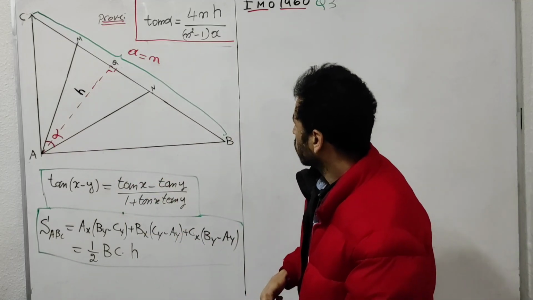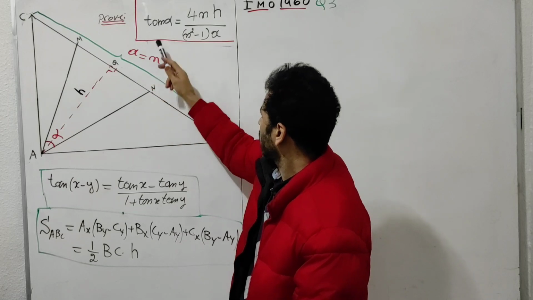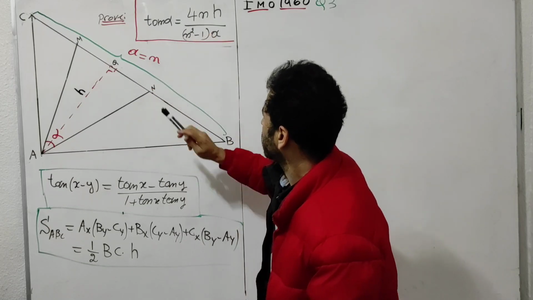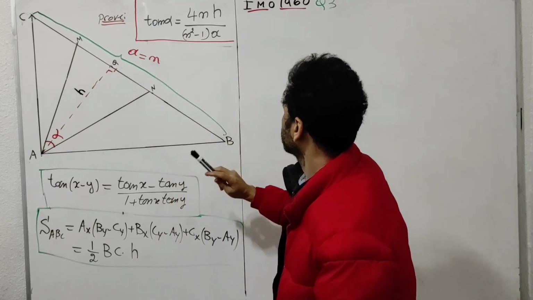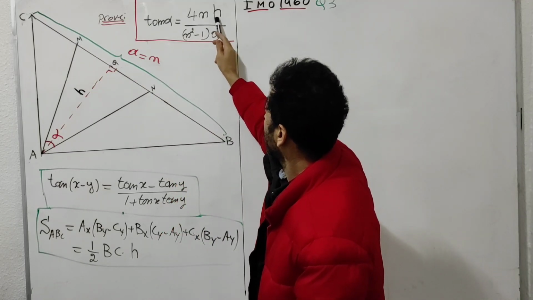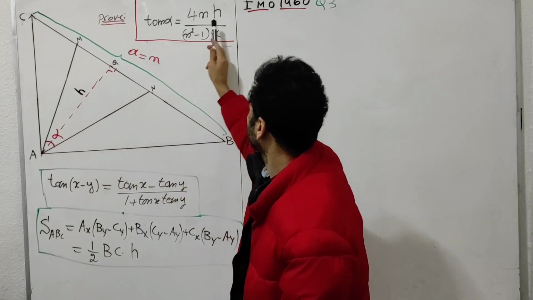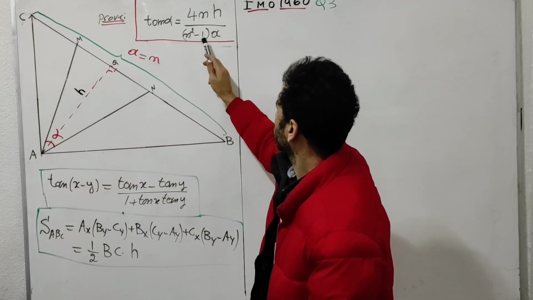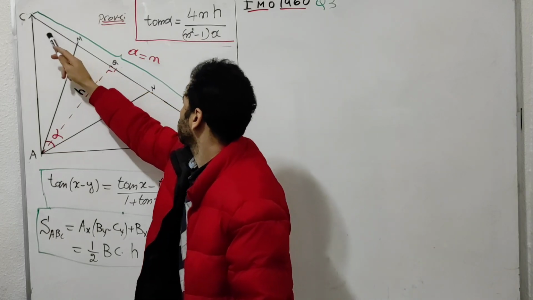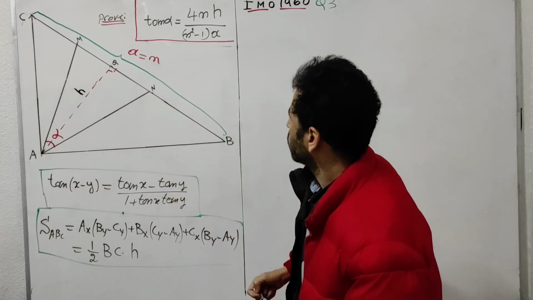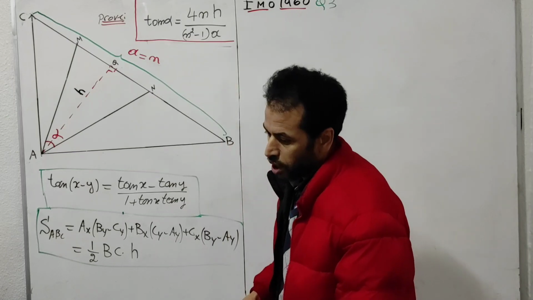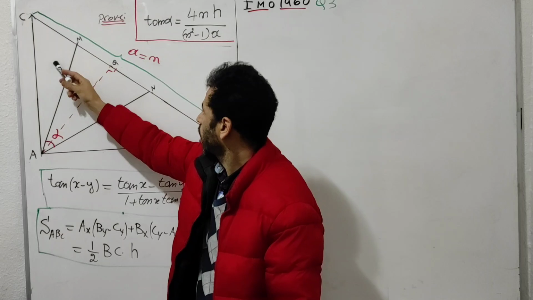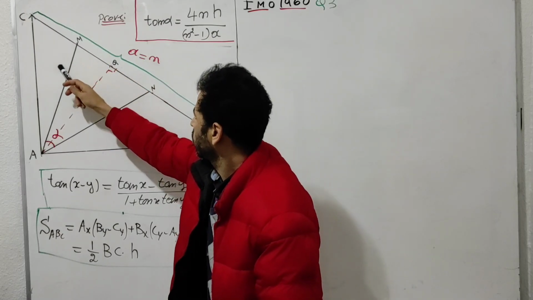Our goal is to prove that tangent alpha equals 4 times n multiplied by the height h of this triangle, divided by n squared minus 1 multiplied by a, the length of segment BC. Here n is an odd number, so this figure is zoomed in to this image.